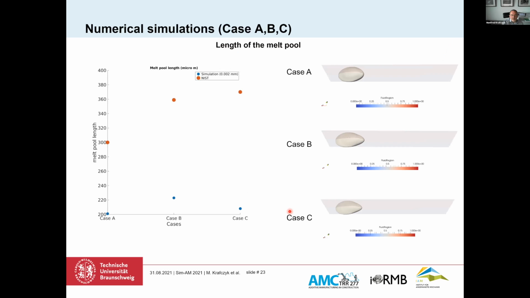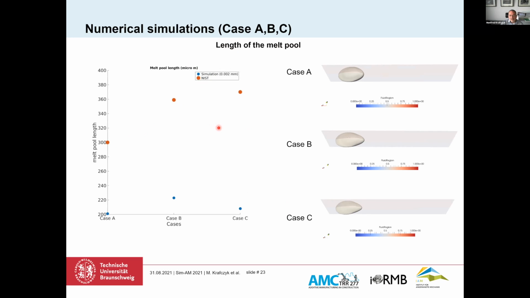What you can see here first is the length of the melt pool, with the simulation in blue compared to the experimental data from NIST. And you see a decent difference. Qualitatively, this looks reasonable, but quantitatively there is still some 50% deviation in part.